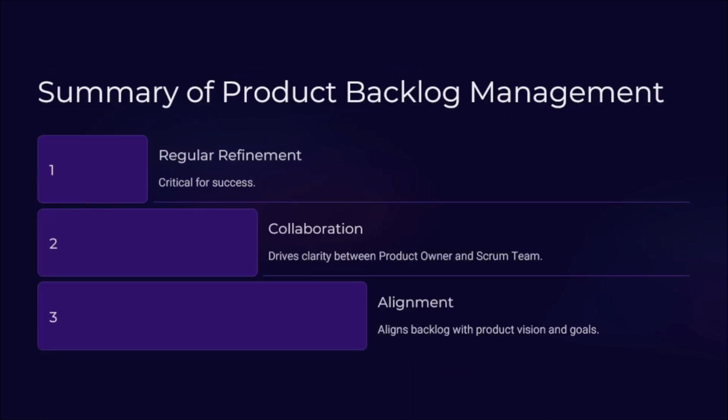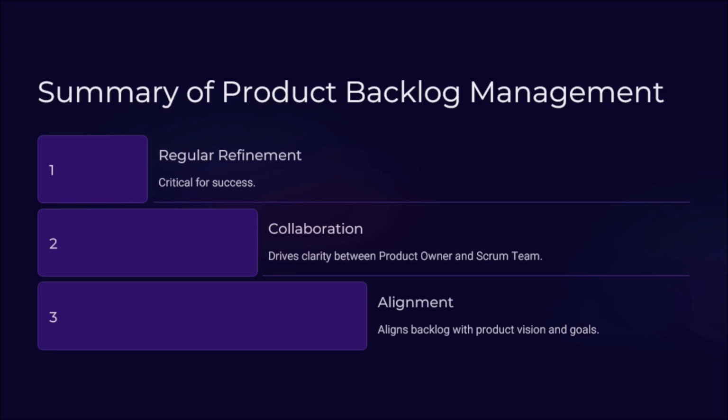And to summarize our session on product backlog management and how we can manage our product backlog, we looked at the refinement sessions, the refinement meetings, also the prioritization based on value and urgency, also using methods like MoSCoW and value versus effort prioritization methods.